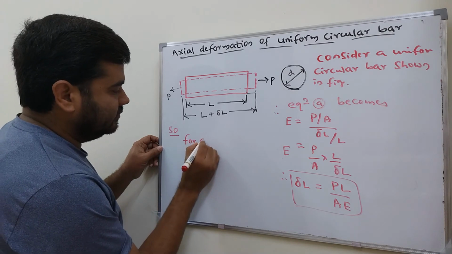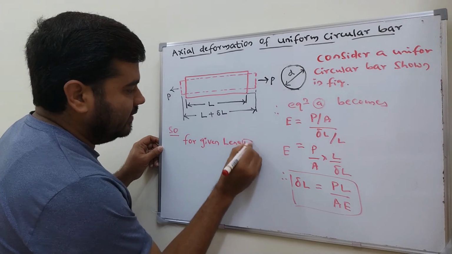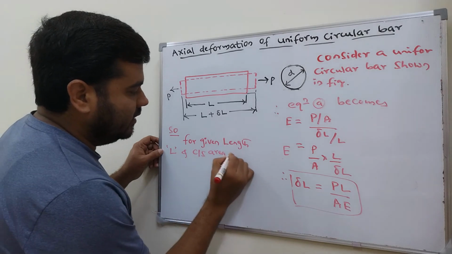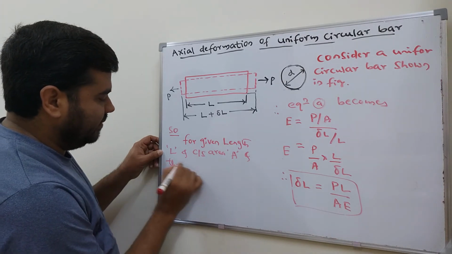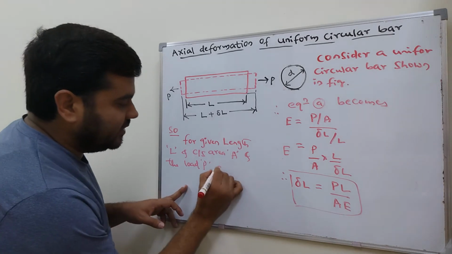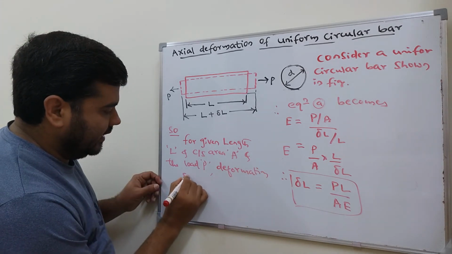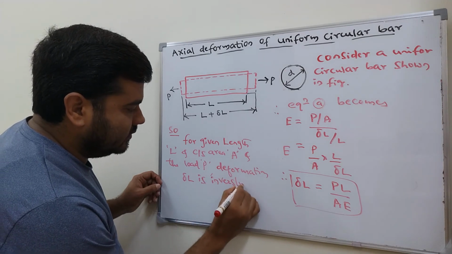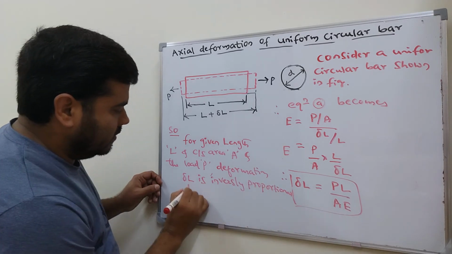So for given length L and cross sectional area A, and the load P, deformation del L is inversely proportional to Young's modulus.